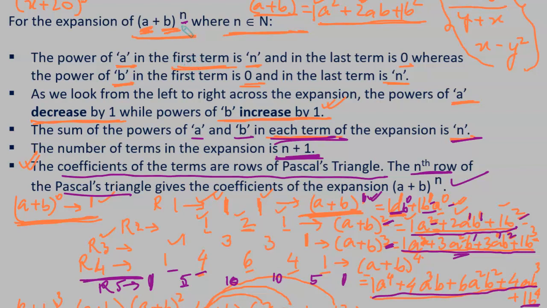But if I require the expansion of a plus b whole to the power of 5, and I only know a plus b whole square, then I'll be starting with a plus b whole square, getting a plus b whole to the power of 3, then a plus b whole to the power of 4, finally a plus b whole to the power of 5 by actual multiplication, which is really time consuming.